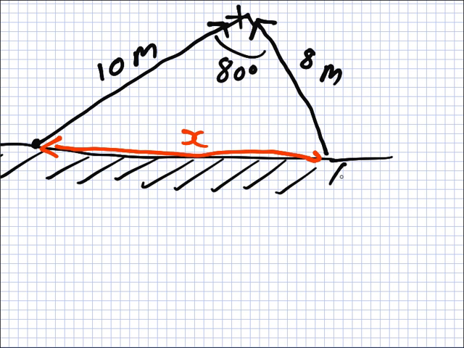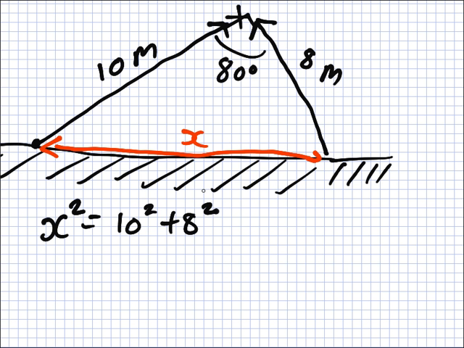Now, this is the cosine rule. I always think about it as being a little bit like Pythagoras, because you could say x squared equals 10 squared plus 8 squared. If I stopped there, that would be Pythagoras.